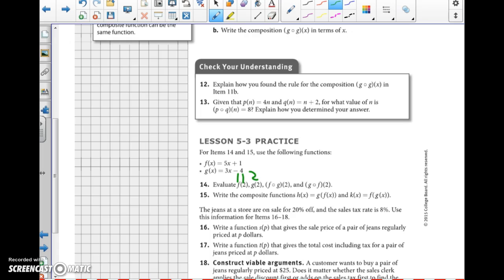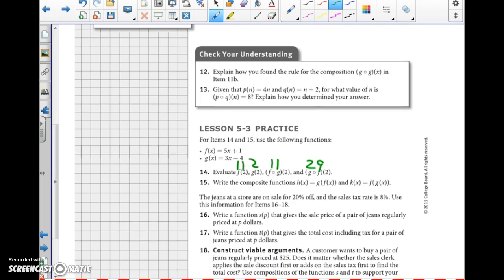You got 11 again? That's right, it's 11. Okay, how much is g of f of 2? 29 is right. Good, it's 29. That's right. Okay, we'll stop the film there.